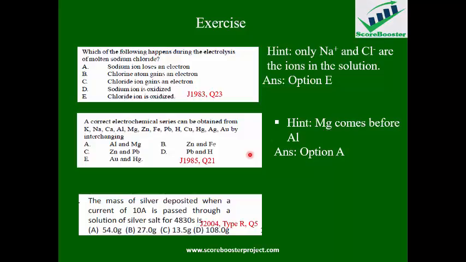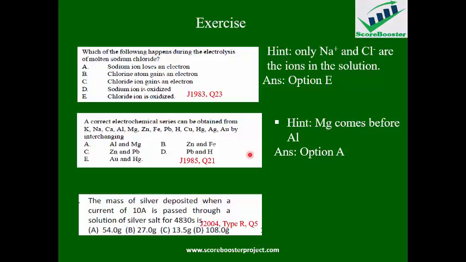That's our Q. Because silver is a monovalent element, if 96,500 is the coulomb discharged by 1 Faraday, which is equivalent to 1 mole of electron, then we have 48,300.